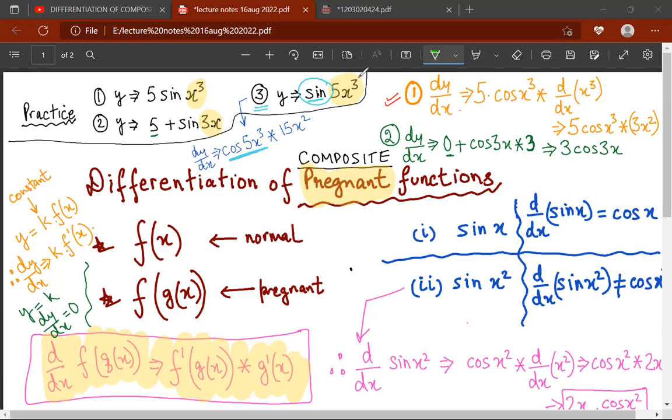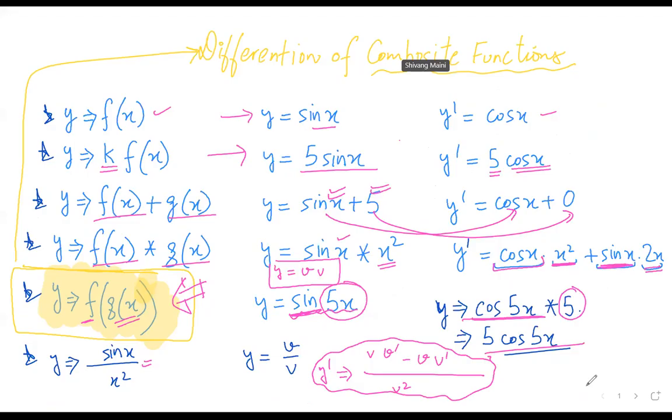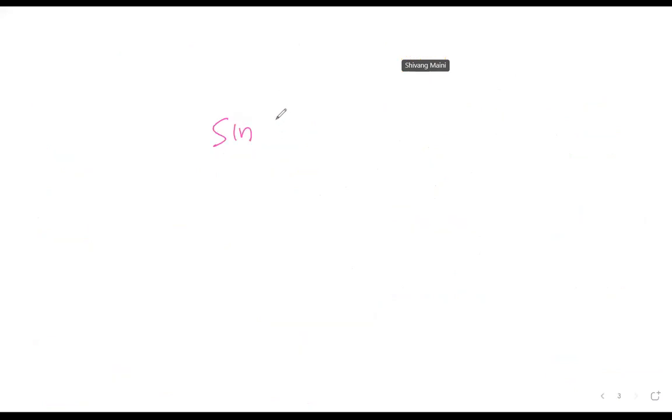Then the differential of this 5x cube would be 15x squared. Avantika, is it making sense? See, the maths is a bit complicated now. You'll have to manage that. Sin 5x cube is not equal to 5x cube sin x. Have you understood?